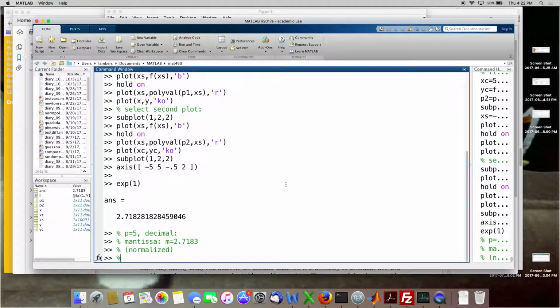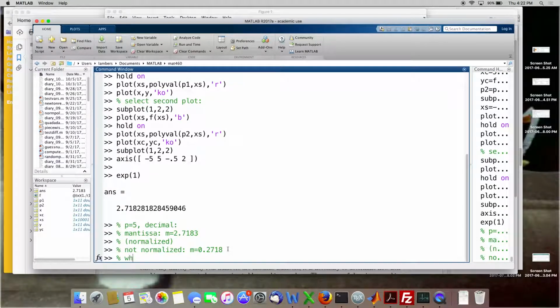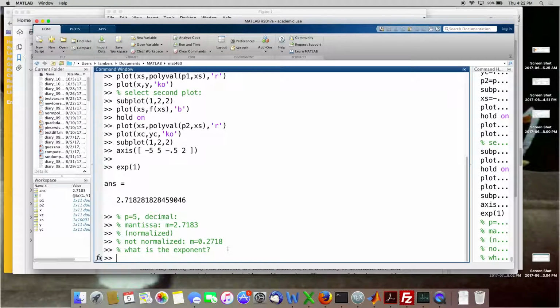But if not normalized, I could choose a mantissa with 0 as my leading digit, which would not be allowed before. But in this case of P equals 5, I've used up a digit. I only have 4 digits left. So now that is my mantissa. And then I need to choose the exponent so that I'm still representing the same value.